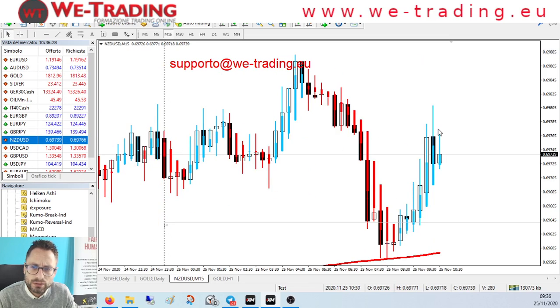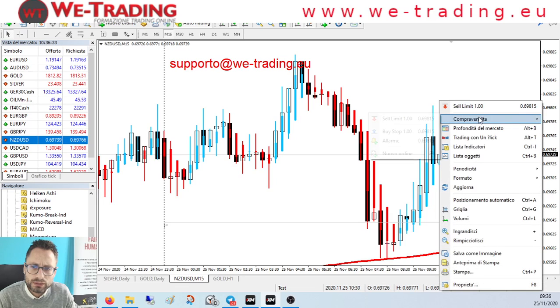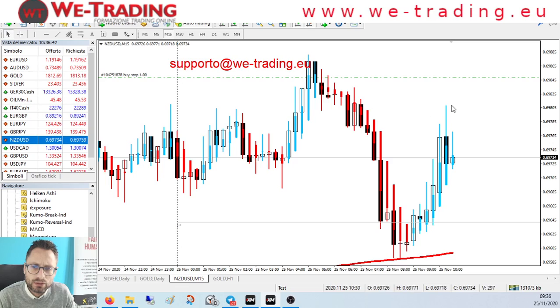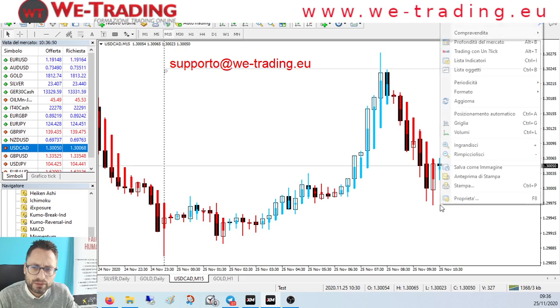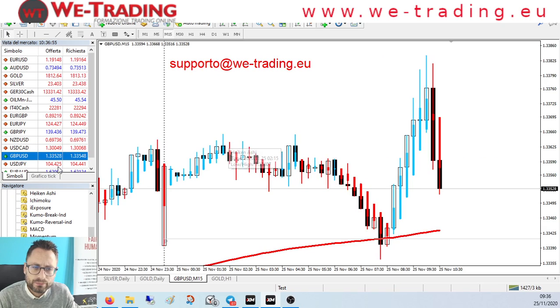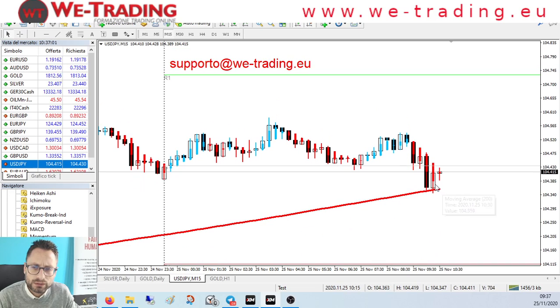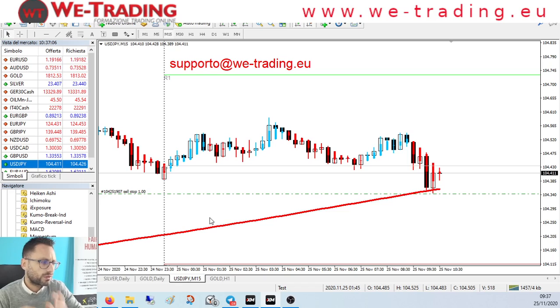New Zealand dollar, we have a top to set a long. Okay, what's happening? This is a long situation. US CAD, we have a short setup. Sterling USD, dollar USD yen is a short setup again on the low, and so on.